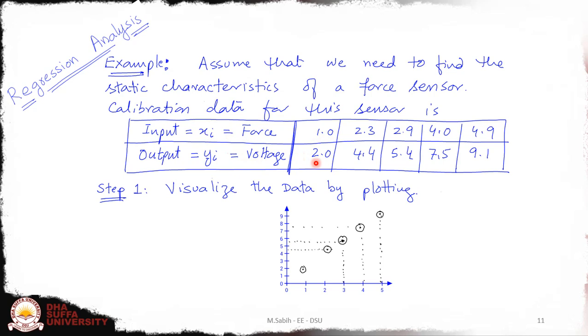It may be millivolts or volts, we are not bothering about the units, but 1 unit for the force input and 2 units was the output voltage. Then 2.3 units for the force input and 4.4 units for the output voltage, and similarly these data points. So the first step as a data scientist or analyst is to visualize our data. So just plot the data, and we have some values like this, just the data points.